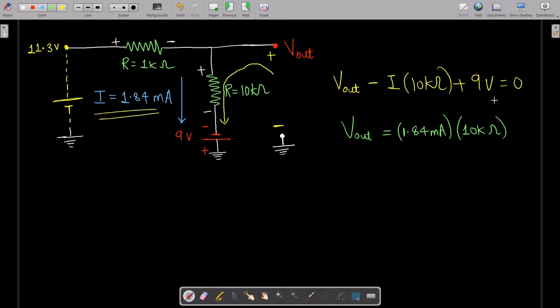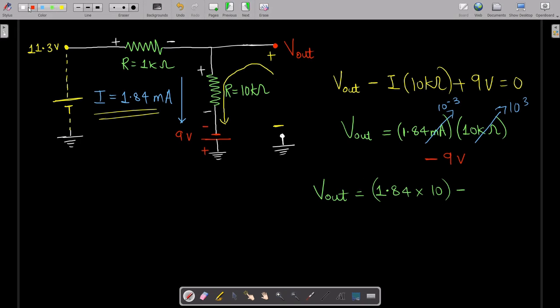And once it goes to the RHS, it would be minus 9 volts. Now this milliampere, that means 10 raised to minus 3, and this kilo ohms, that means 10 raised to 3, cancel each other, and thus at the end we get V out equals 1.84 into 10, minus 9 volts.